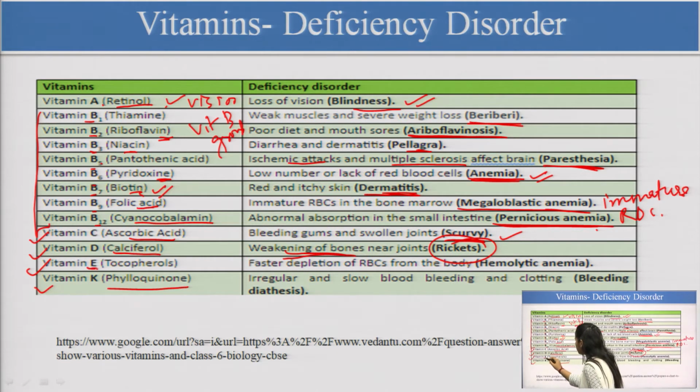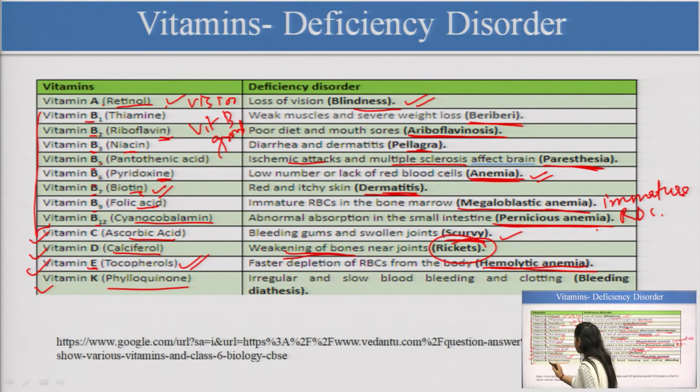Similarly we have vitamin E, known as tocopherols, which has antioxidant property. It is also essential for proper production and functioning of the RBCs, so its deficiency can lead to hemolytic anemia also.